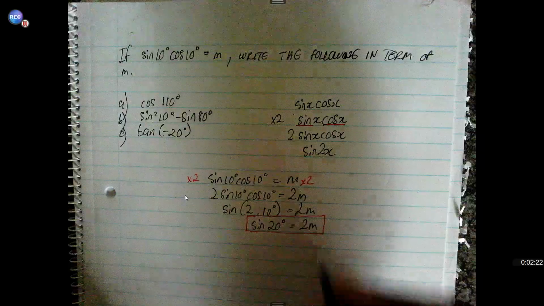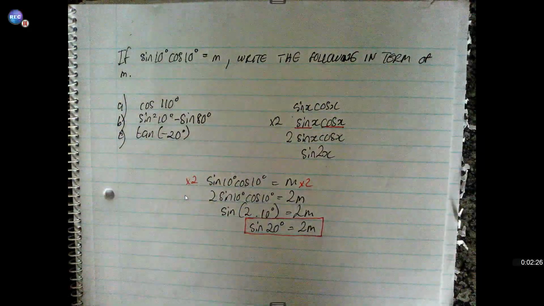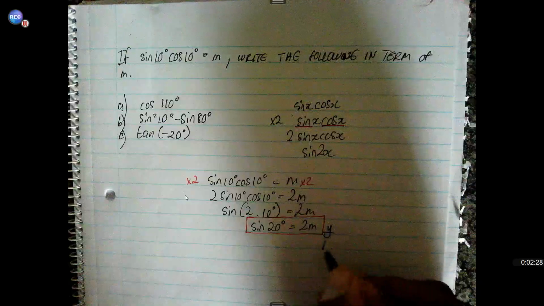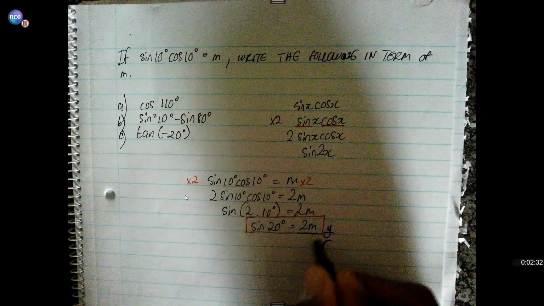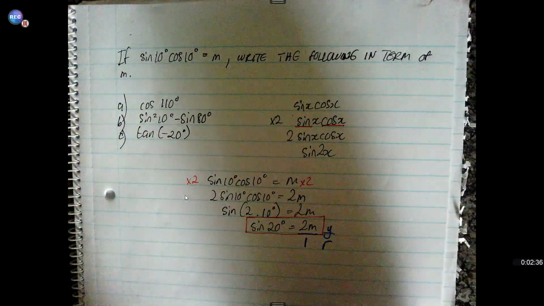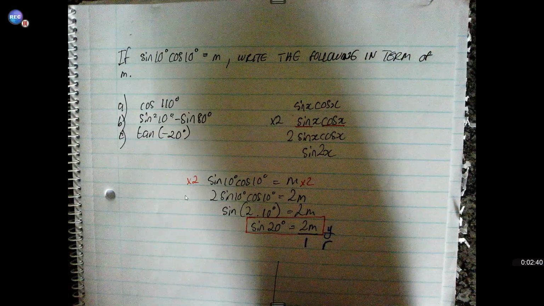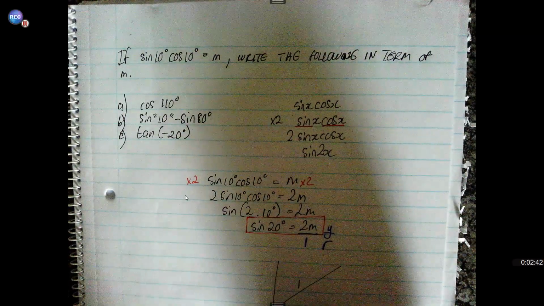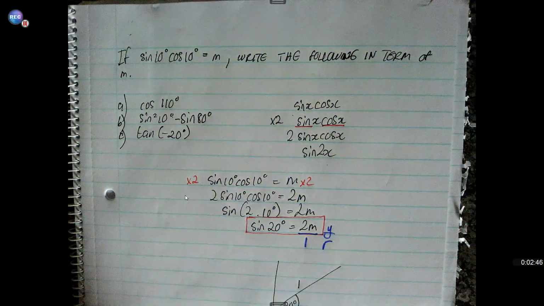So for this one, sine is y over r. So the y value is going to be 2m, then the r value is going to be 1, right? Then from there, you're going to use your diagram. Your radius is going to be 1, and the included angle is going to be 20 degrees.